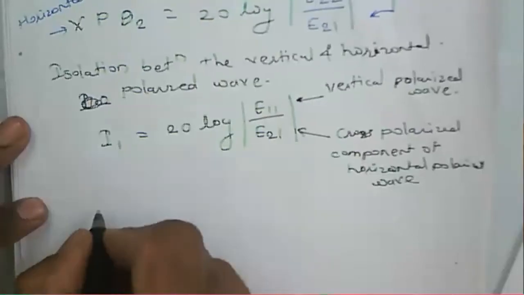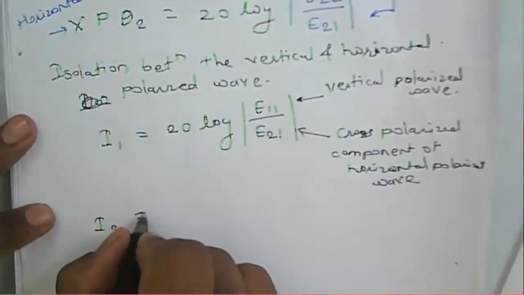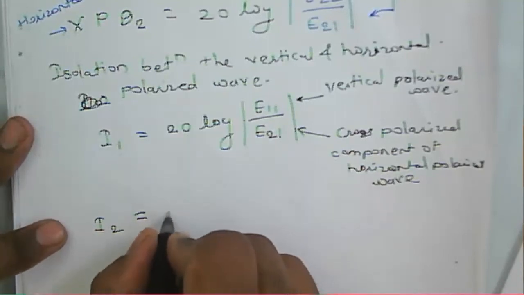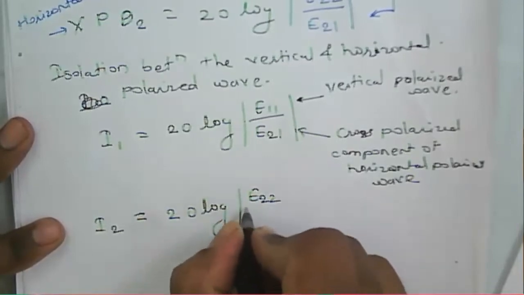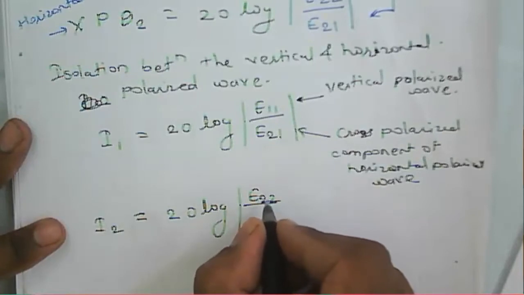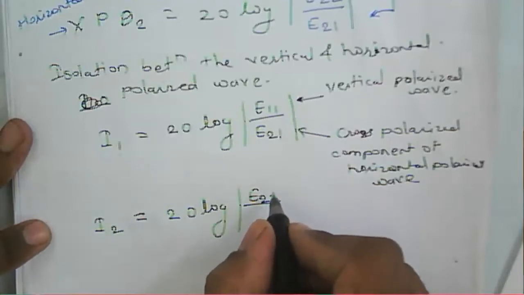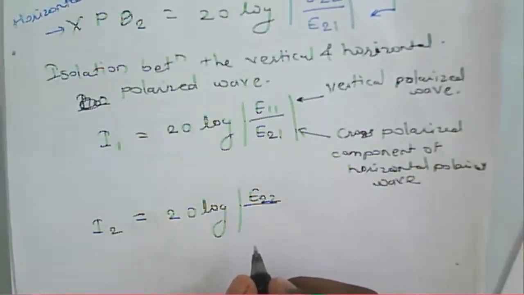Then similarly we can find out the I2. I2 is the isolation between what? Isolation between the co-polarized component E22. We can say 20 log of E22, the co-polarized component E22 of the vertical polarized wave, and a cross polarized component E12 of the horizontal polarized wave.